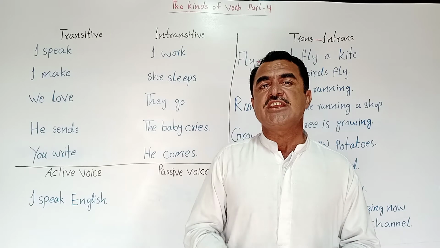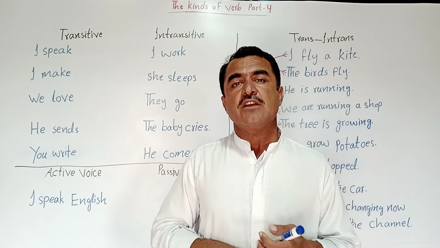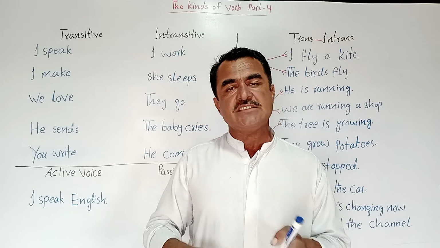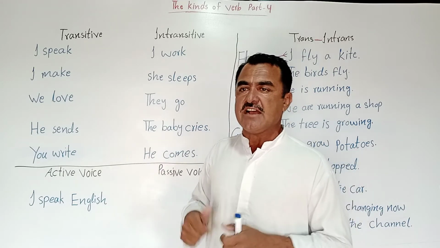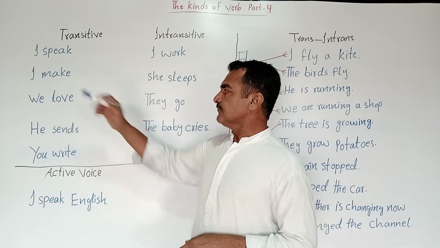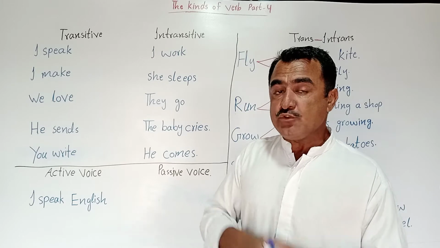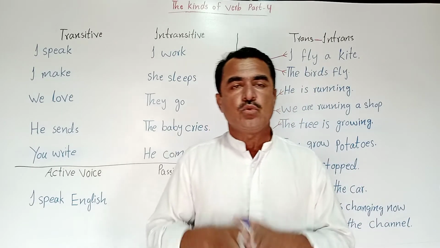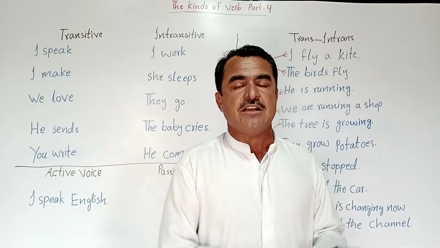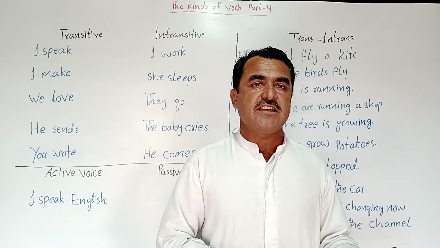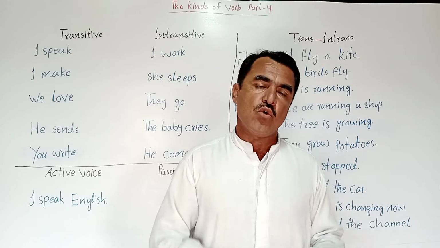These are the three questions. If we ask how, where, when, these are adverbs, and transitive verbs do not answer those. For example, if you want to judge whether a sentence is transitive or intransitive, just make the question about the sentence: what, and who or whom.